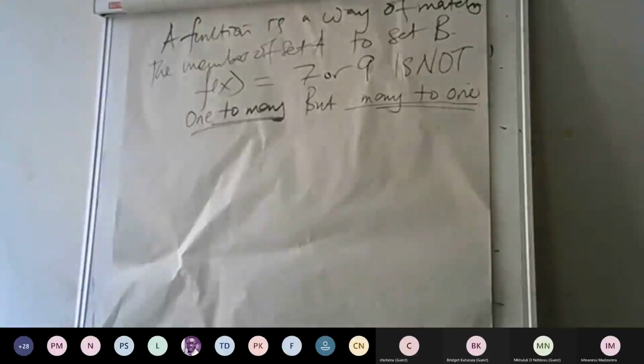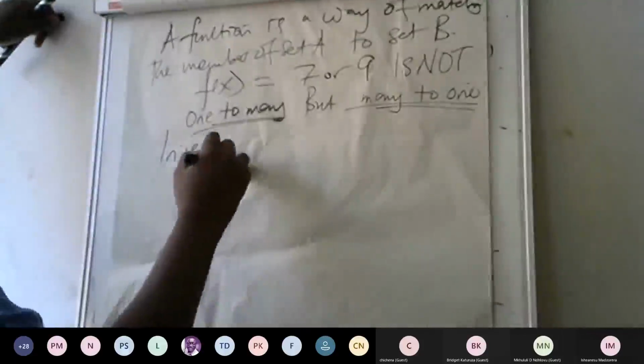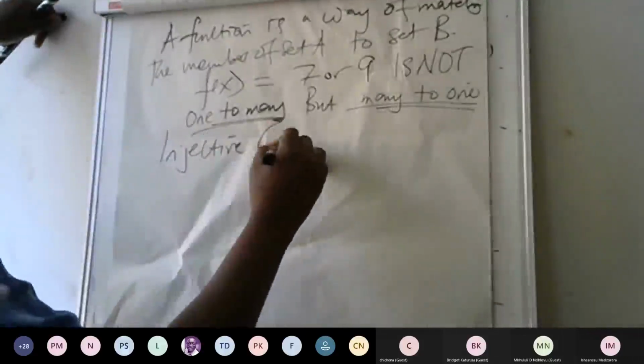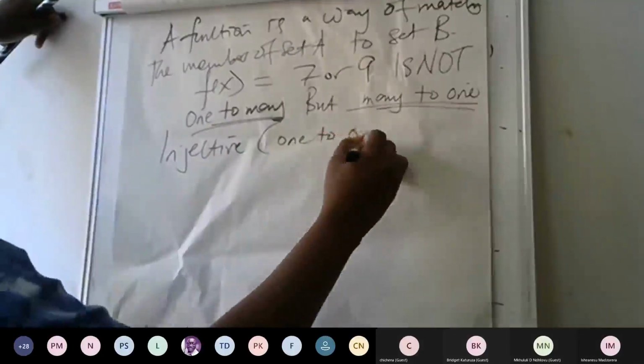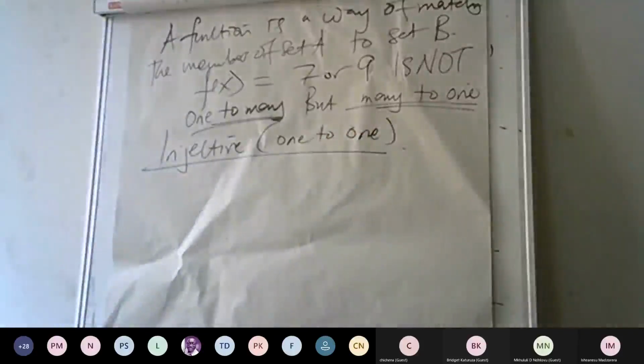Let's look at 3 different types of functions that I want you to have. Let's look at the injective, which is a one-to-one.